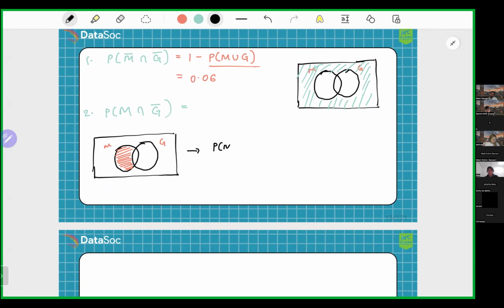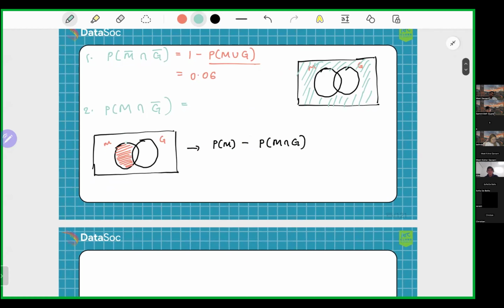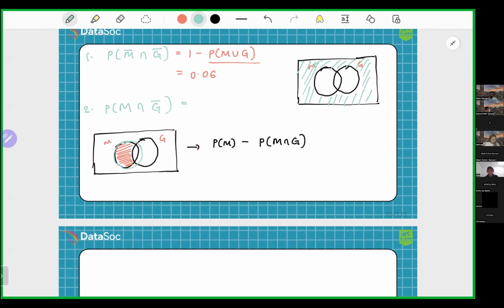It could be given as probability of M minus probability of M intersection G. So probability of M is the whole, and minus the probability of M intersection G would give me this red area.